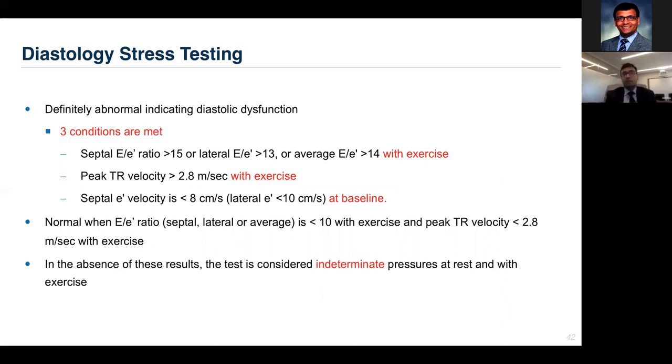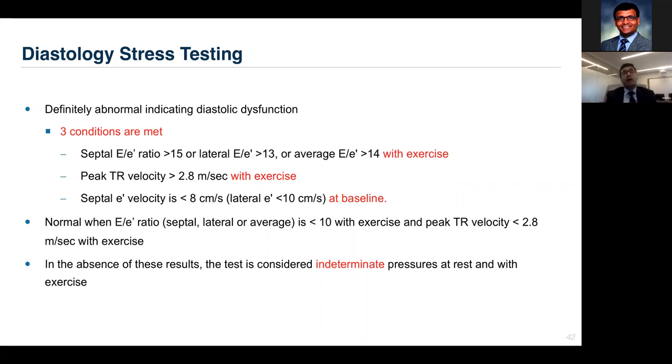Then diastolic stress testing could be useful. It's not typically performed routinely in clinical practice, but it's been more and more advocated.